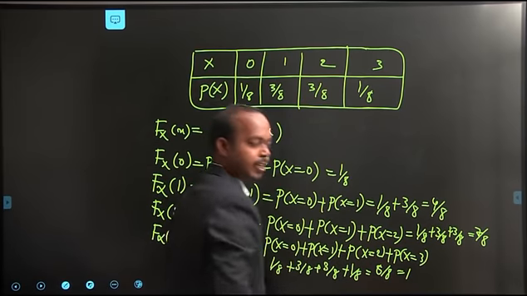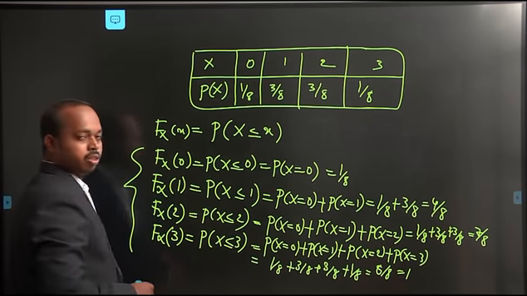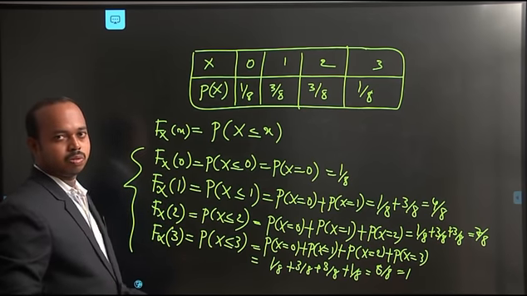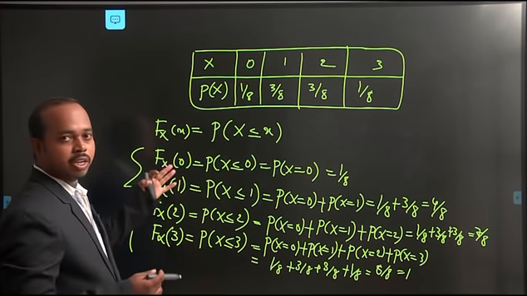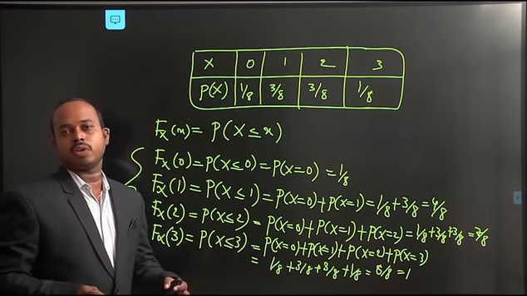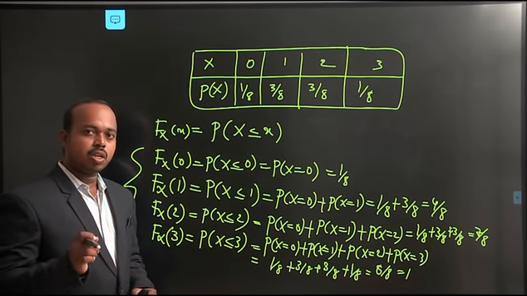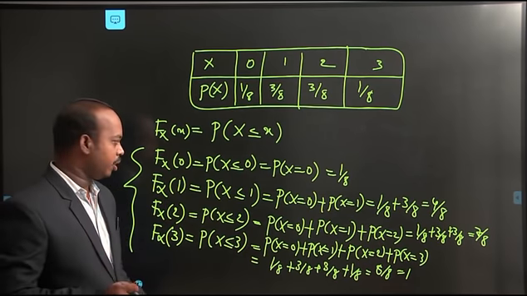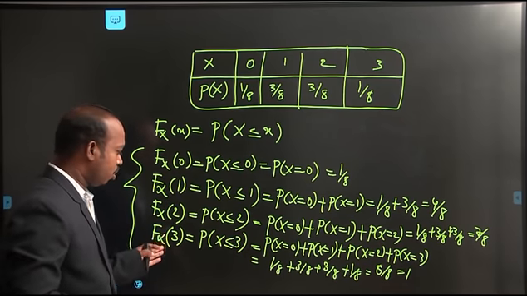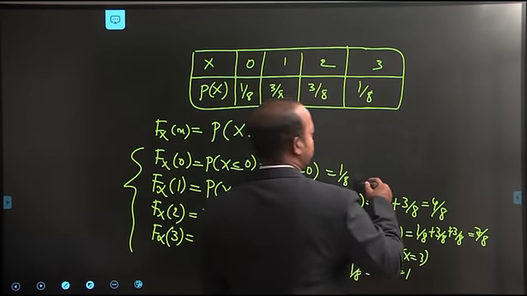All these quantities represent the cumulative distribution values for the given function. Now you can plot these values in a graphical orientation.